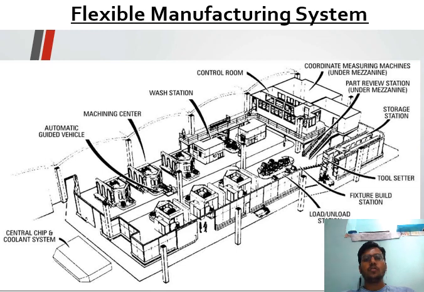The product moves from one station to another, and a variety of processes and operations take place in different units. This whole manufacturing system is arranged as per the requirement so that we can get the maximum efficiency of the system. All the systems are automated and connected.